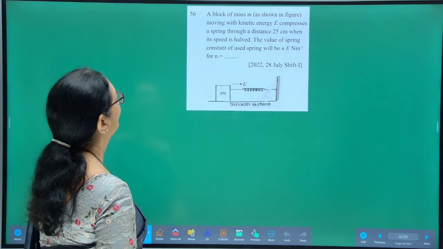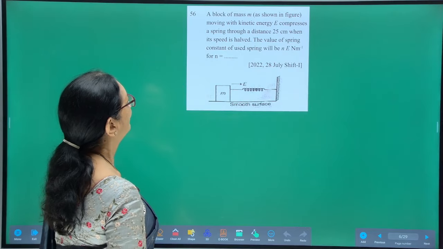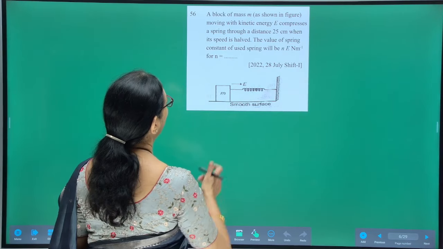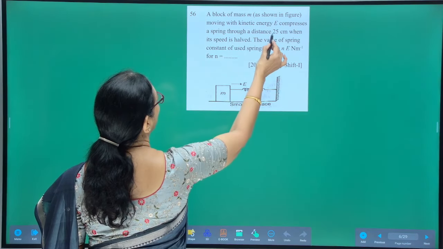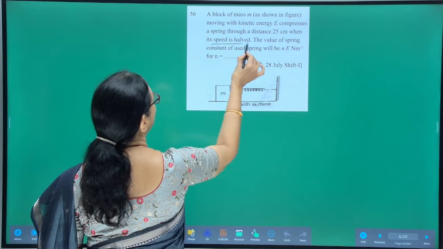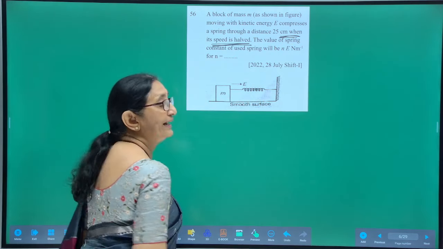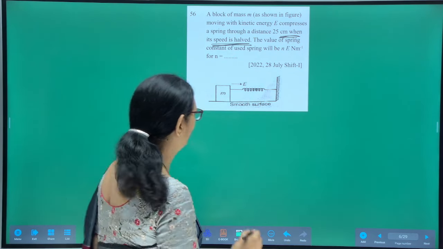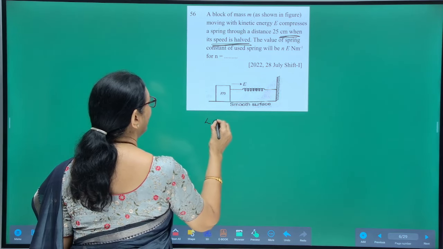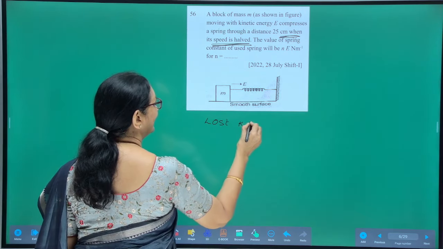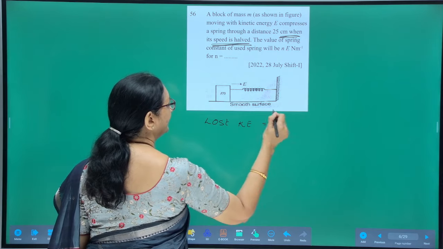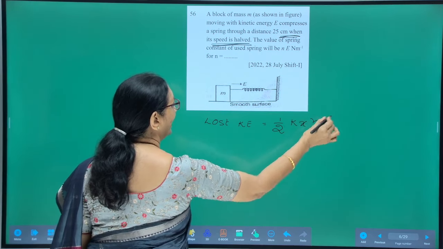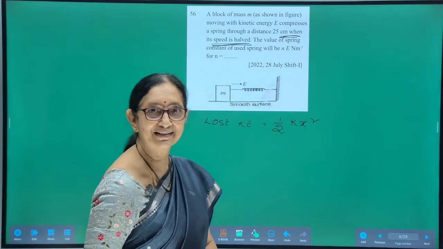Go to the next one. A block of mass m moving with kinetic energy E compresses the spring through a distance of 25 centimeters when its speed is halved. Here, the most important thing is that lost kinetic energy is converted into elastic potential energy of the compressed spring.